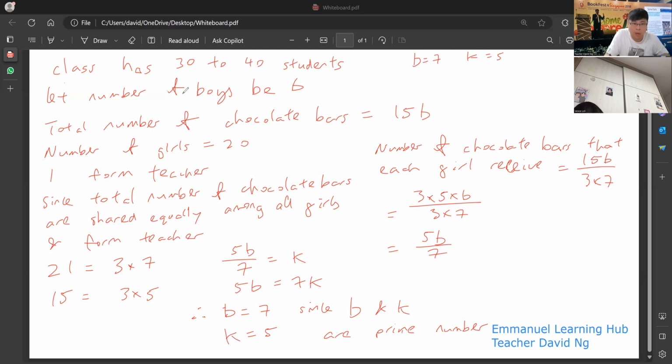Then you work backwards. Can the number of boys be 7? If the number of boys is 7 and girls is 20, then altogether the whole class is 27. But it cannot be more. Correct? Yeah. So B must be the next multiple of 7.